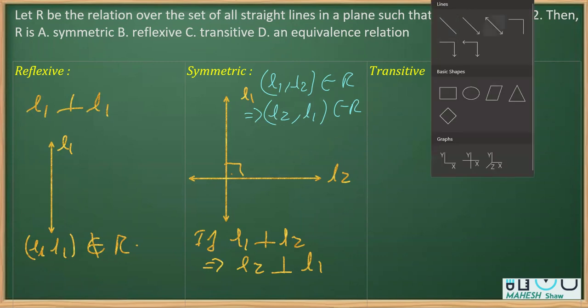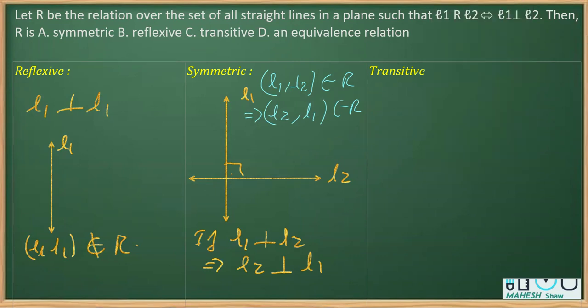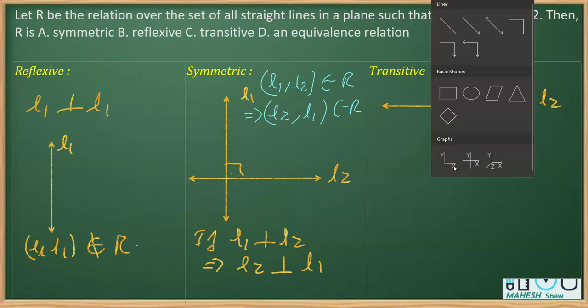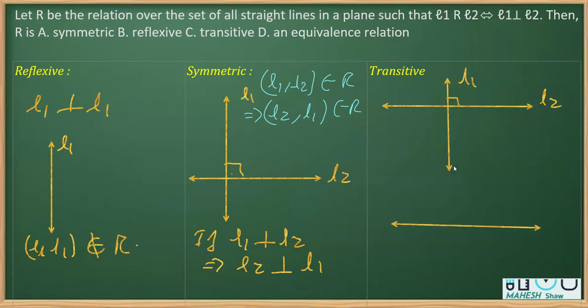Now, in order to check transitivity, let's say I make one line, and I'm going to take this as L1, and it is perpendicular to L2. And then L2 is perpendicular to L3. Let's say this is L2, again perpendicular to L3.